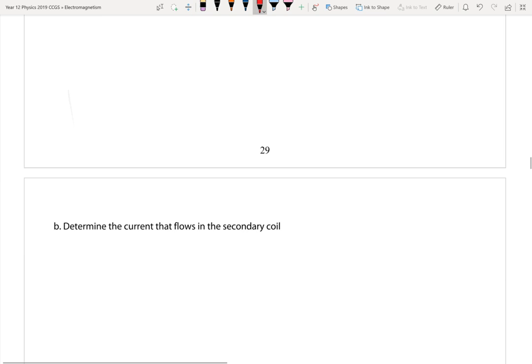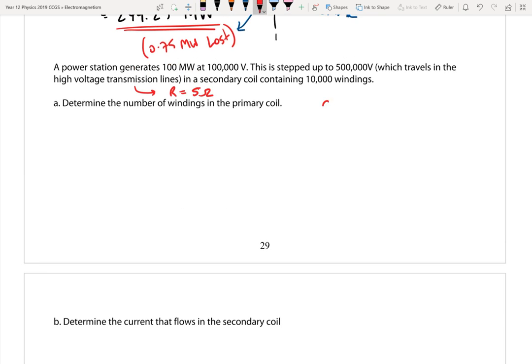So obviously A and B and C, but then also let's find the voltage drop. Let's find the power loss. Let's find the power that the city receives, and hence find the voltage that the city receives.